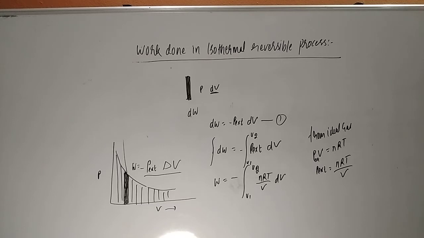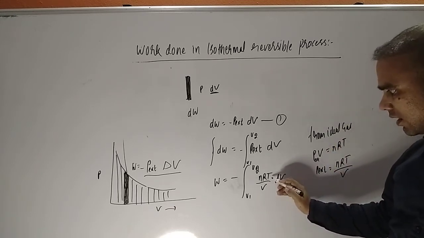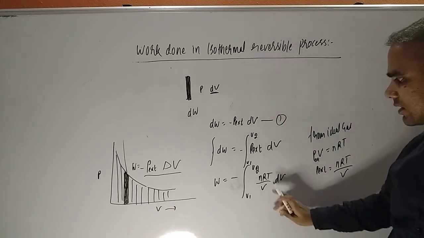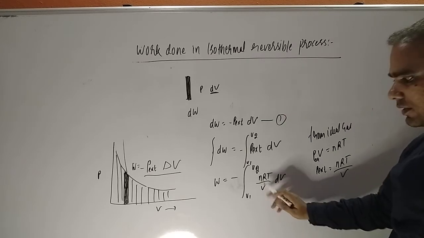Dear students, we know this is an isothermal process, so the temperature is constant, R is the gas constant, and the number of moles is fixed.